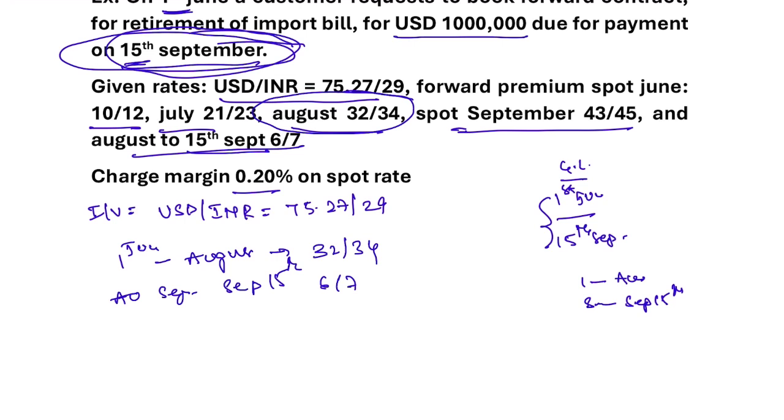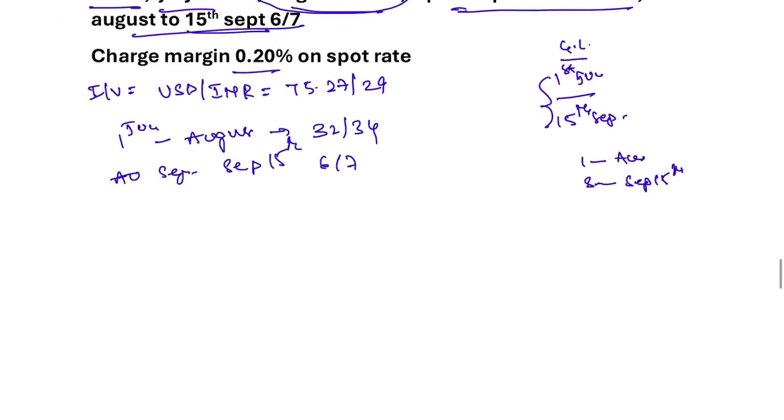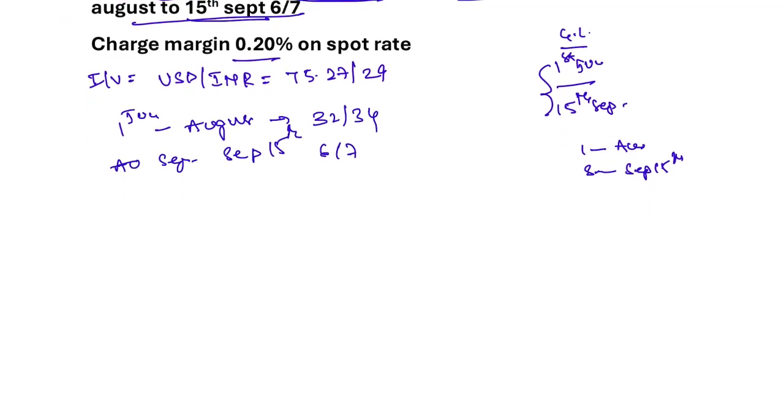Got it? So in the USD INR, what will we consider? Whether the buying rate or the selling rate. It is for an import bill of US dollar 1 lakh, right? We have to give US dollars, which means the bank is going to sell the dollar. So we will consider the bank selling rate only. Got it? What is the bank selling rate here? 75.29, and there is a premium.